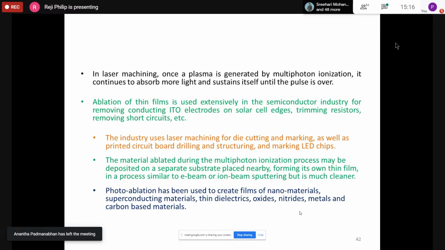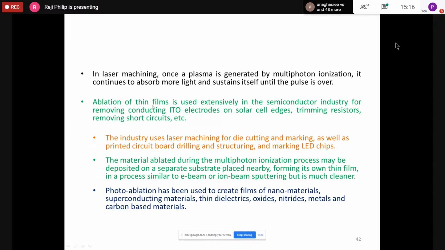So the 5th application I will mention is laser machining. There are a lot of things here. What happens is, again, a plasma is generated by multi-photon ionization. The plasma continues to absorb more light and sustains itself until the laser pulse is over. And this is when ablation happens.